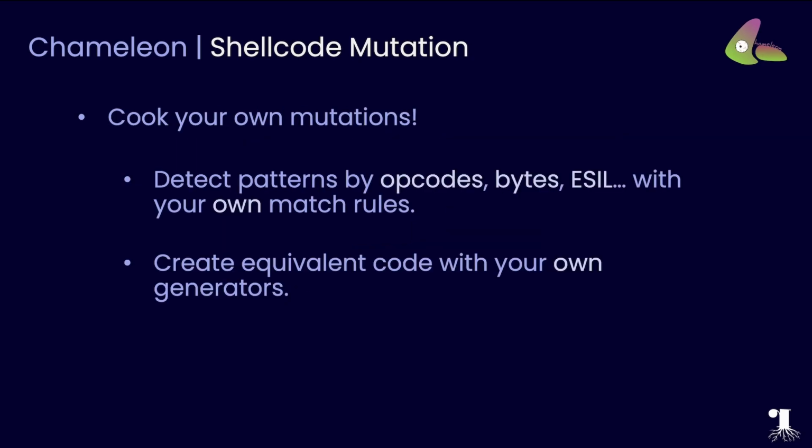And why is that important? Because this is done to allow you to create your own mutations, so you can create your own matching rules and your own generators, and you can detect patterns by opcodes, by bytes, by ISIL, and you can also generate your equivalent code.